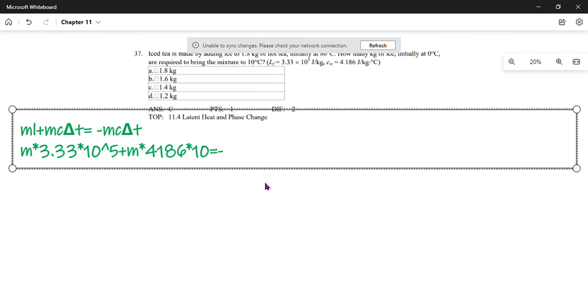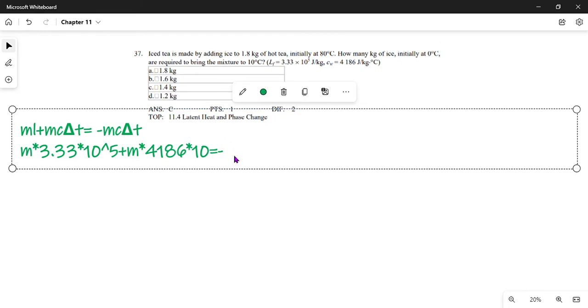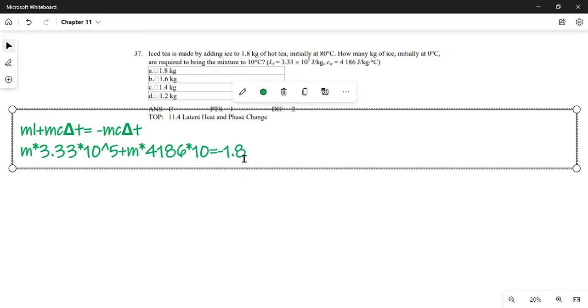the mass of the tea, which is 1.8 kilogram, times the specific heat capacity of the tea, which, as tea is water, equals the specific heat capacity of water, times the change in temperature of the tea. The tea starts at 80 degrees Celsius and ends at 10 degrees Celsius.